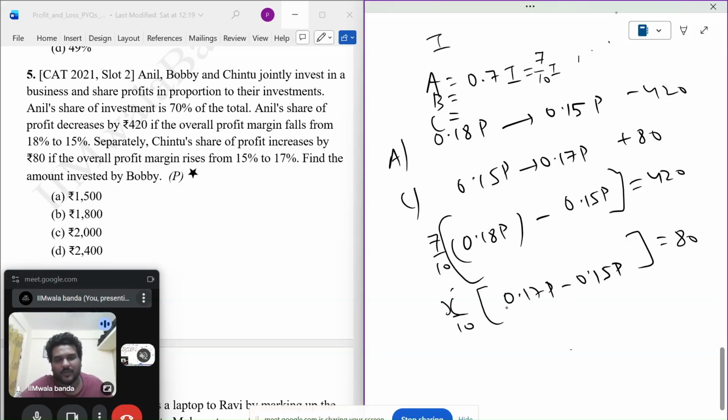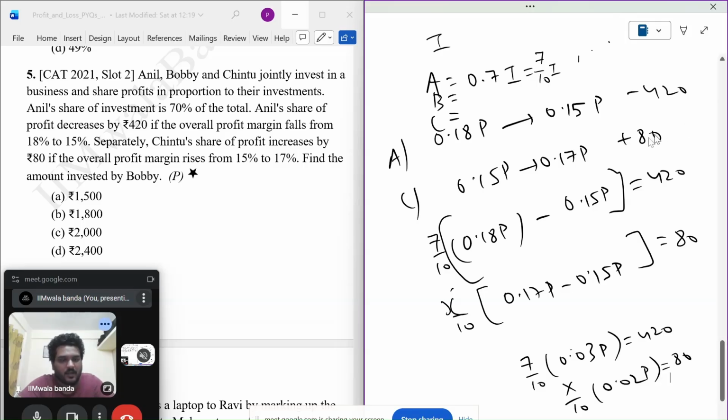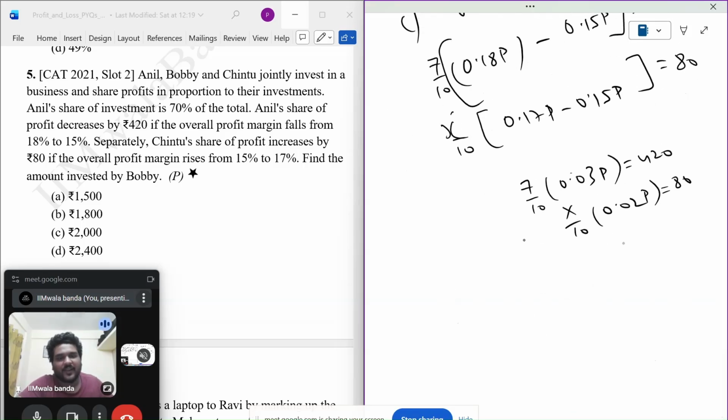It has to be a whole number. Now let's simplify: 7 by 10 into 0.03p is 420. X upon 10 into 0.02p is 80. I can directly get X if I divide the two equations. I hope now you understand why I keep using this way.